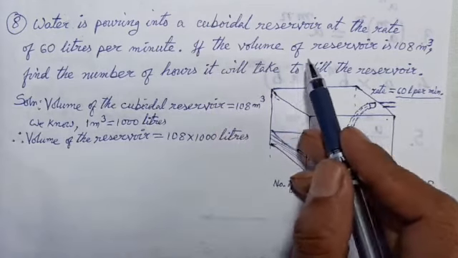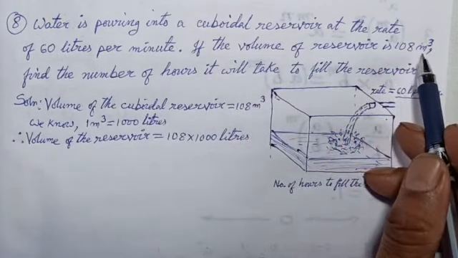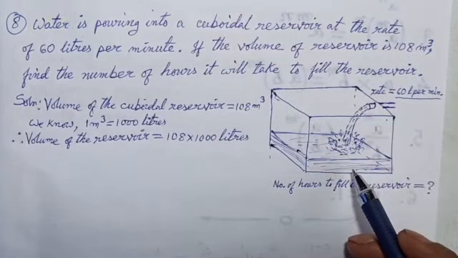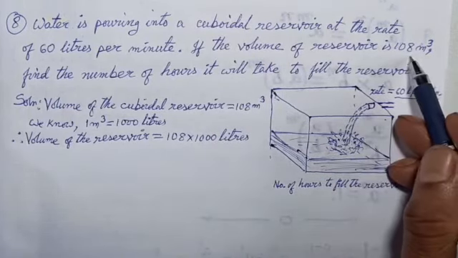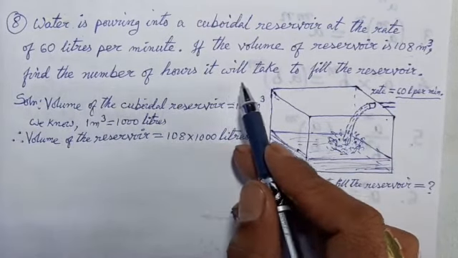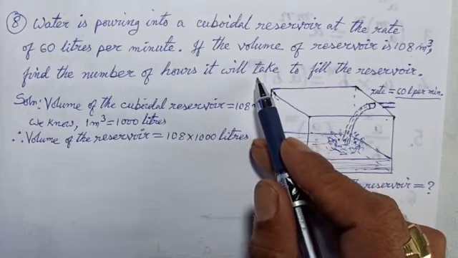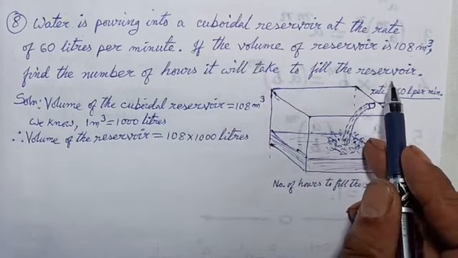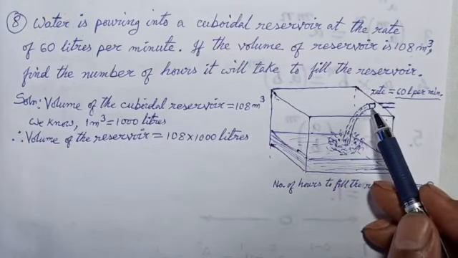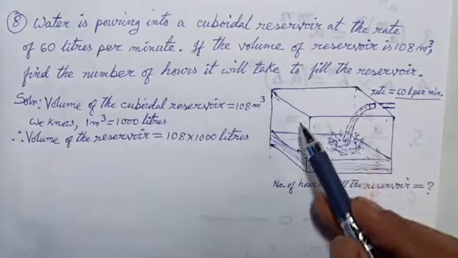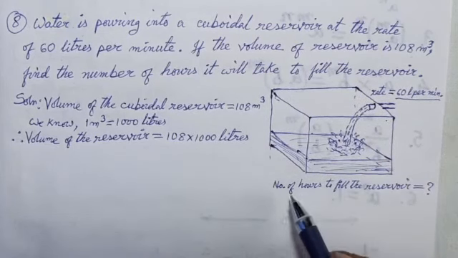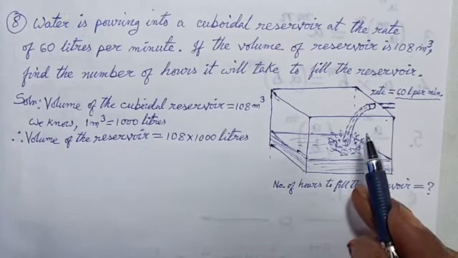If the volume of the reservoir is 108 meter cube, find the number of hours it will take to fill the reservoir. Now we have to find the time taken by this pipe to fill this reservoir, that means the number of hours to fill the reservoir.